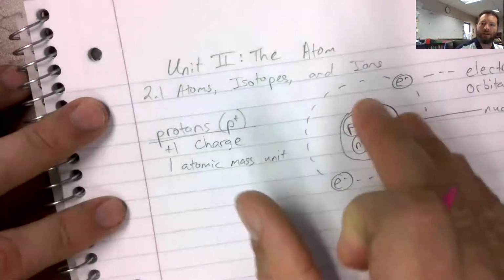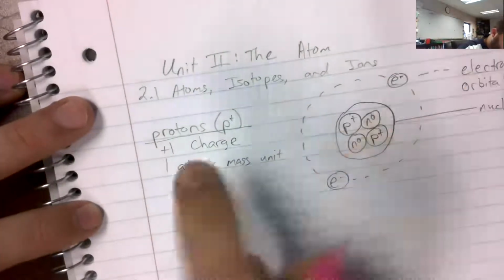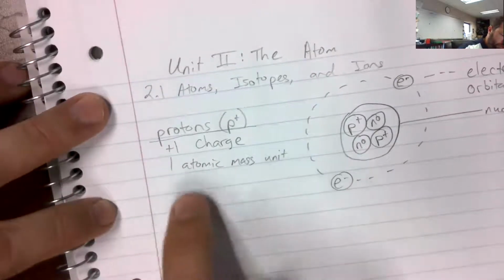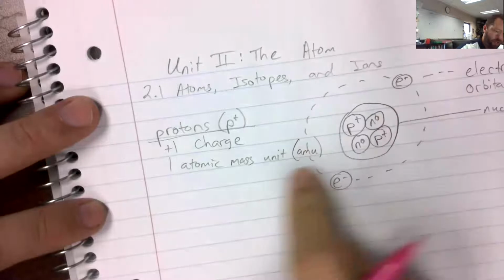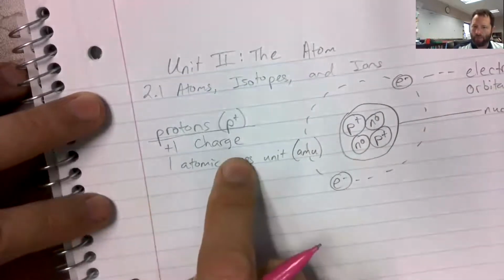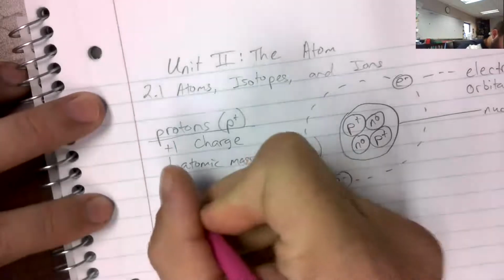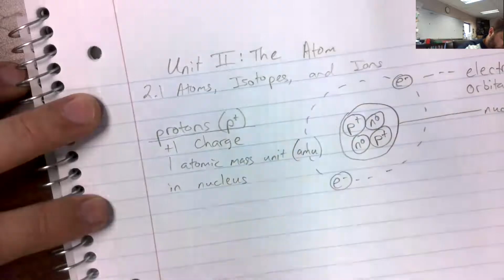You think about how small atoms are, and this is just a small part of an atom. That's probably the only time you'll ever have to write atomic mass unit, because we're usually just going to put AMU. You guys are welcome to just use AMU and just know that stands for atomic mass unit. And protons are found, as in our picture, in the nucleus.